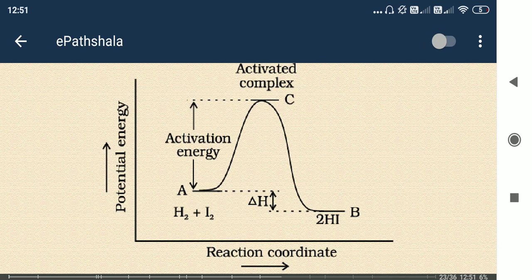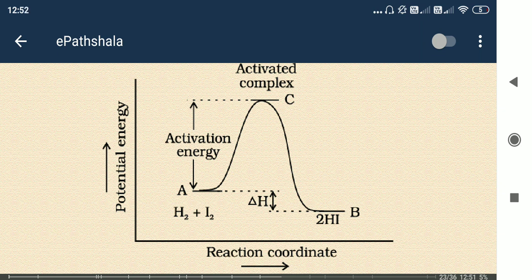So activation energy, potential energy. What happens when reactant is converting to product? The minimum amount of energy is needed to get it to its active condition. To change the reactant to product, we need some supply of energy. That energy is known as activation energy.